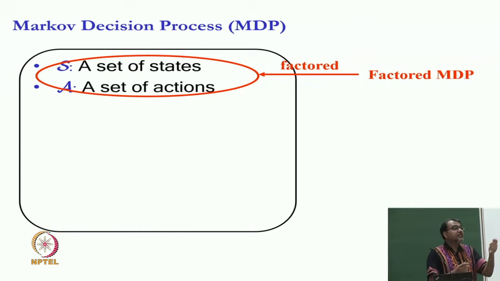So, my states could be given as a set of state variables, true, false, false, true, and that makes a state, and that is what is called a factored MDP. In fact, your actions could be factored too in a first order representation, which we will not talk about. But whatever we did or did not do in the search world applies in the probabilistic world also.